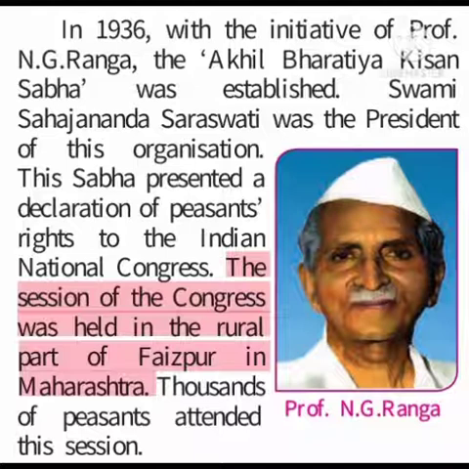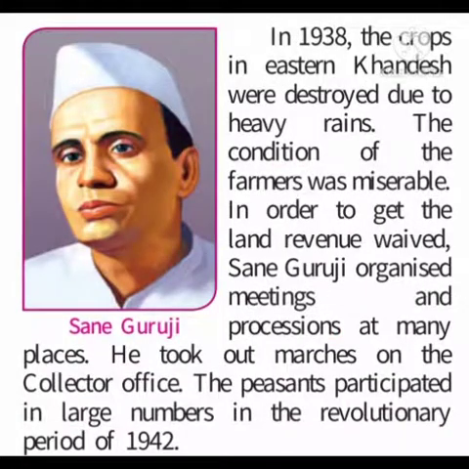Now we will study about the contribution of Sane Guruji towards the farmers, workers and Dalit movement. In 1938, the crops in eastern Khandesh were destroyed due to heavy rain, because of which the condition of the farmers was miserable. Why was the condition of farmers miserable?